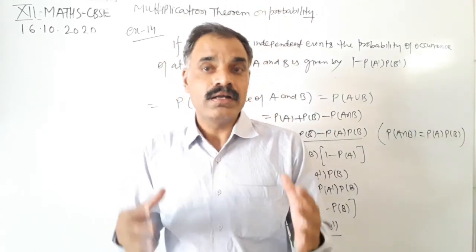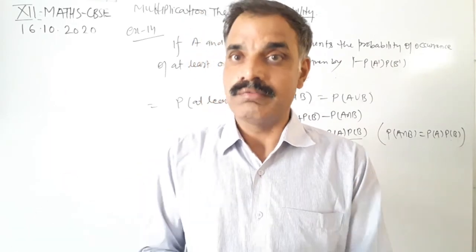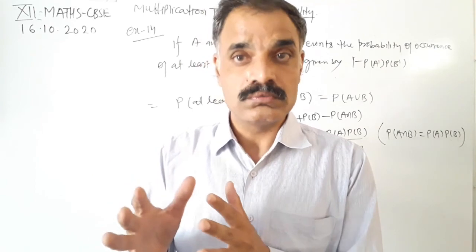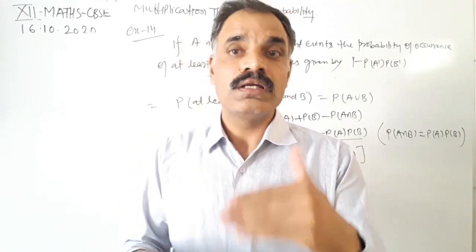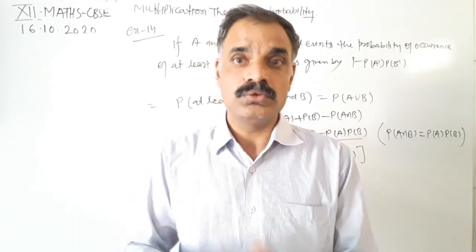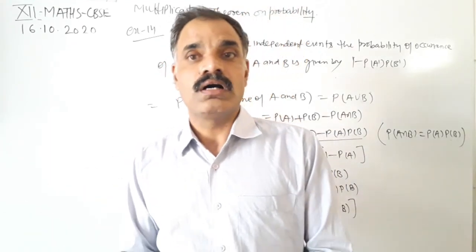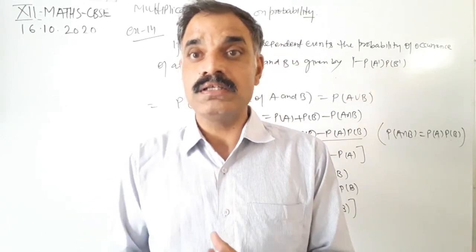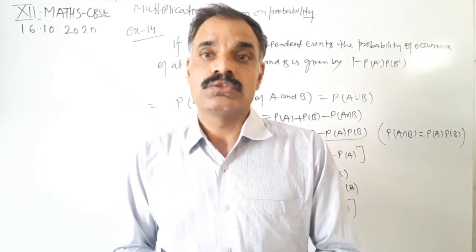This is the independence of two or more events. Independence of occurrence of events can be extended to an infinite number of events. After that we discussed the properties of independence of events.